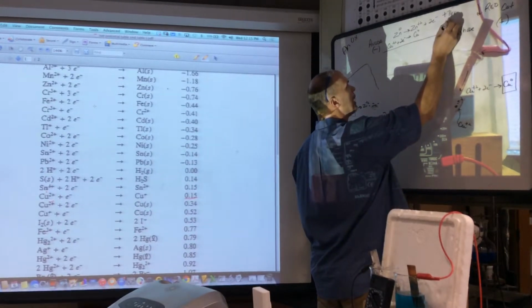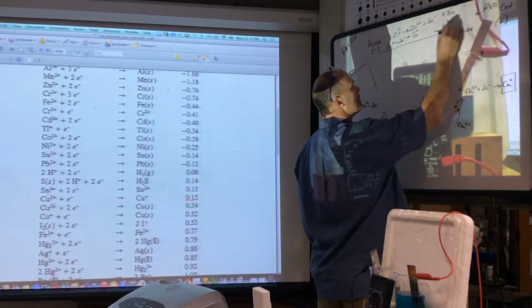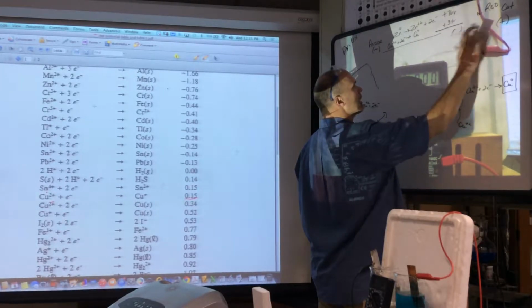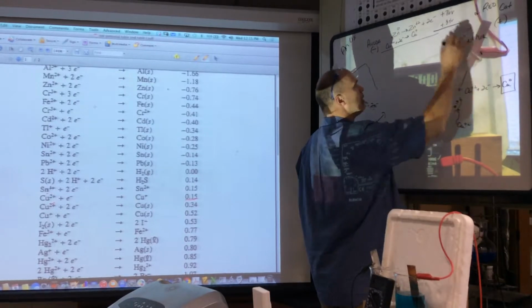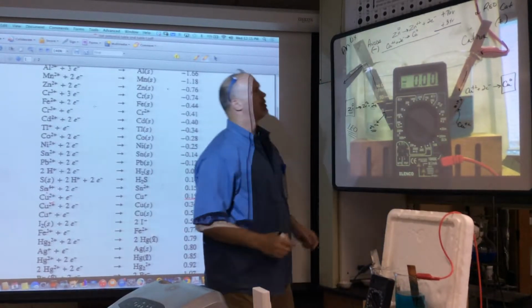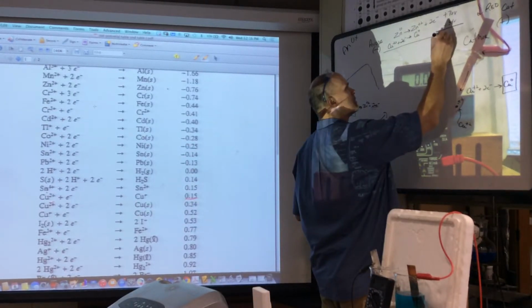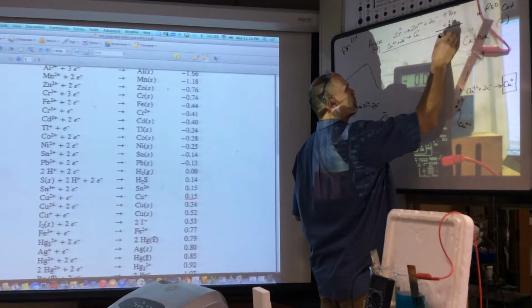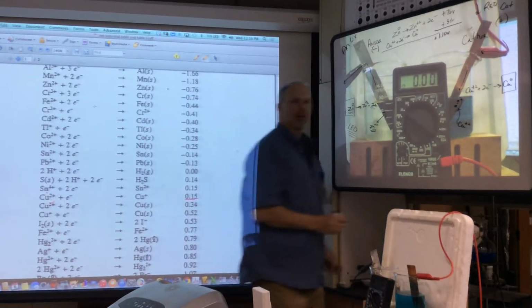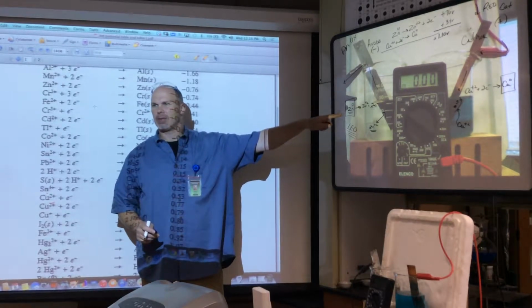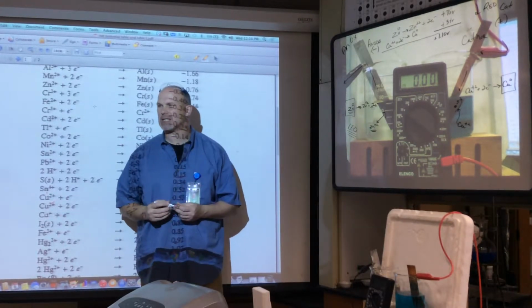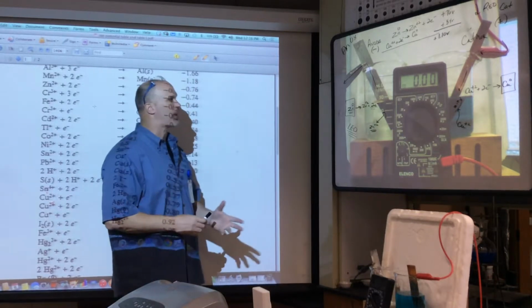Notice they're both positive. When you add them together, what do you get? You get 1.1 volts. Positive 1.1 volts, which tells me what? This works. This is going to happen. This battery is going to run spontaneous. Spontaneous means it works. Electrons pass around.